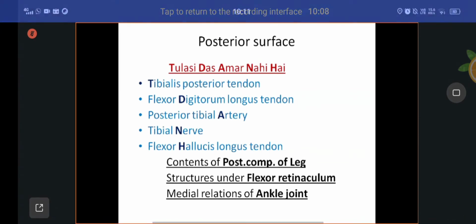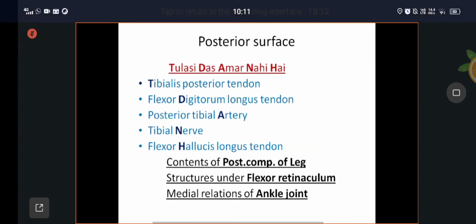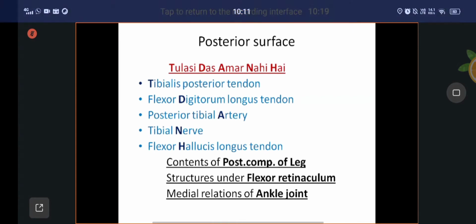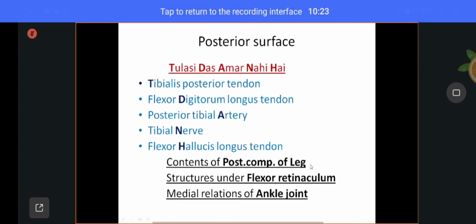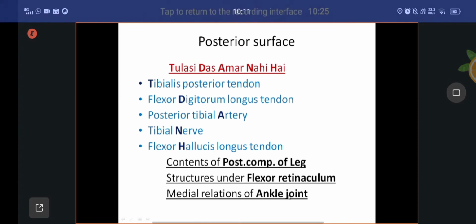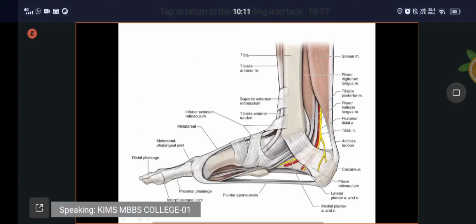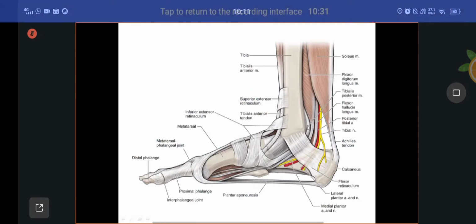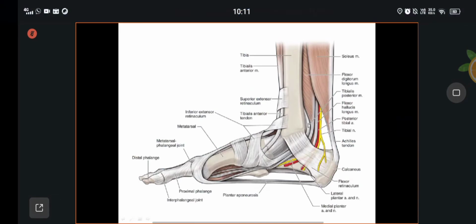If you remember this mnemonic, the order of the structures, once again I am telling you, in the anterior compartment all structures will be covered, but in the posterior compartment, only deep structures will be covered. Structures under cover of the flexor retinaculum are contents of the posterior compartment of the leg, and are medial relations of the ankle joint.